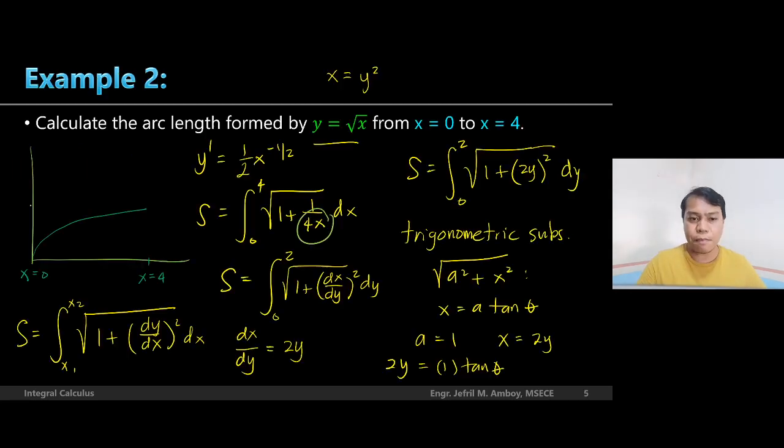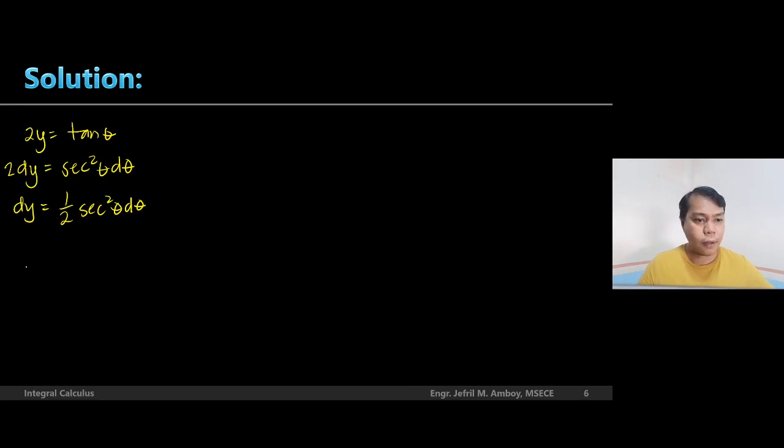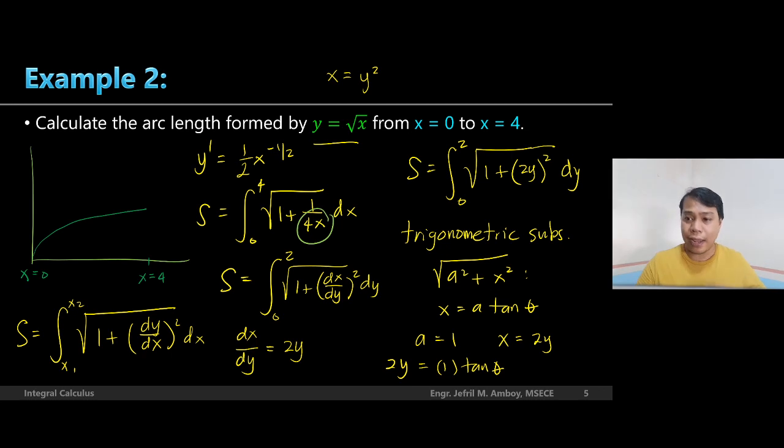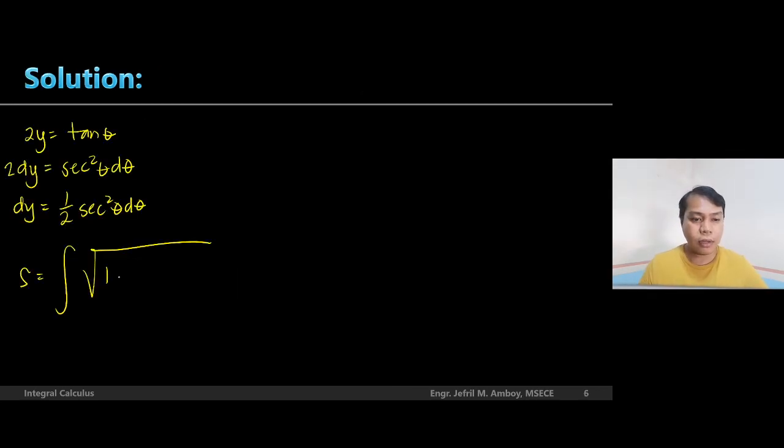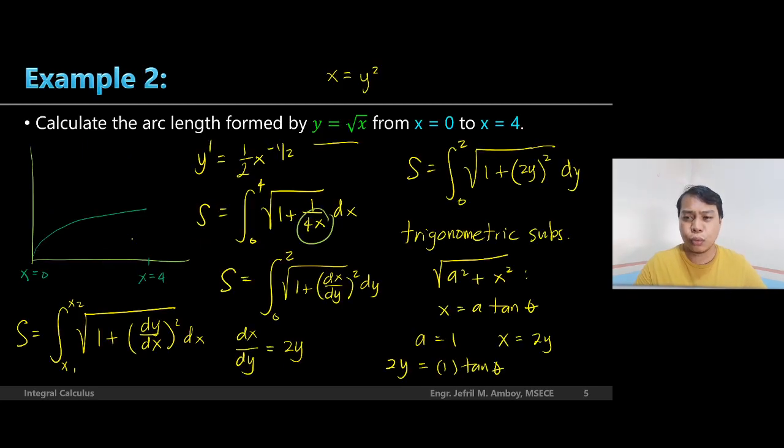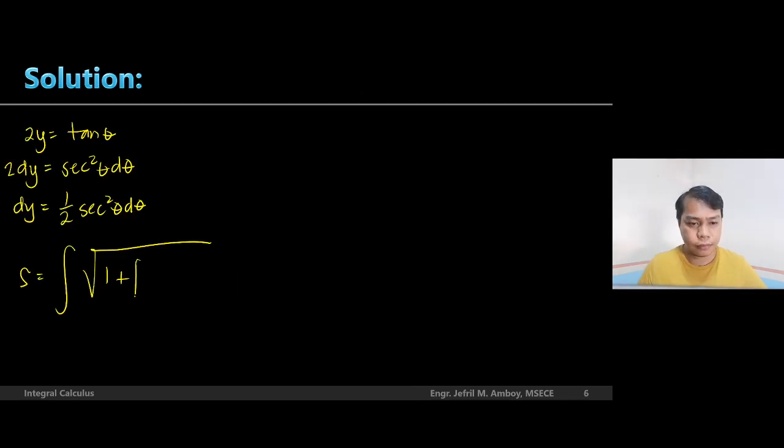Okay, so we can now replace this. S equals the integral of the square root of 1 plus 2y squared. So 2y times 2y, you square it. So we have 2 and then our y, which is tangent theta over 2.